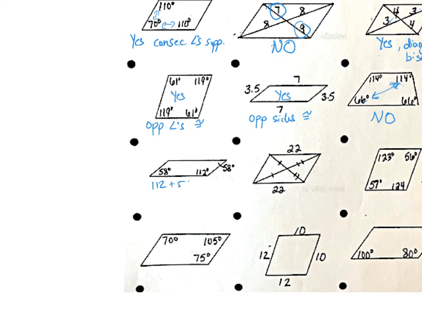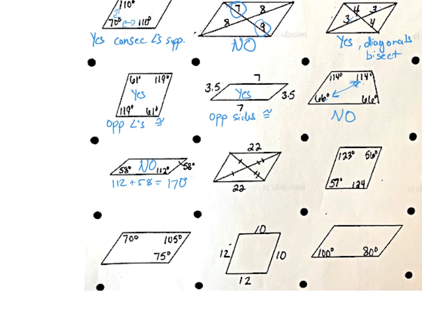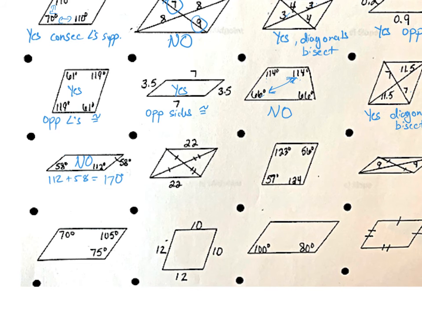Does that give me 180? That actually gives me 170. So they are not supplementary. So this is a no. The diagonals have to bisect each other. That means this whole thing has to have the same tick marks, and they don't. So this is actually a no. The diagonals don't bisect each other.